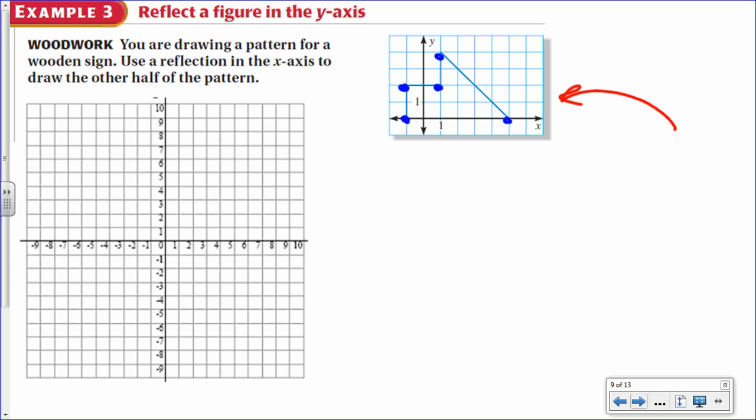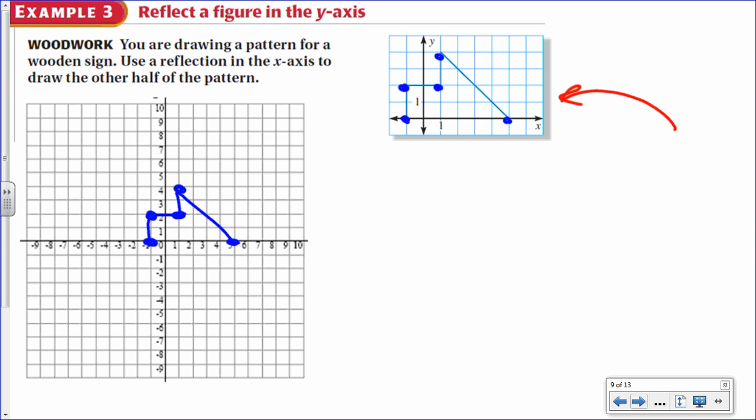There we go. All right, guys, I got the original ready to roll.